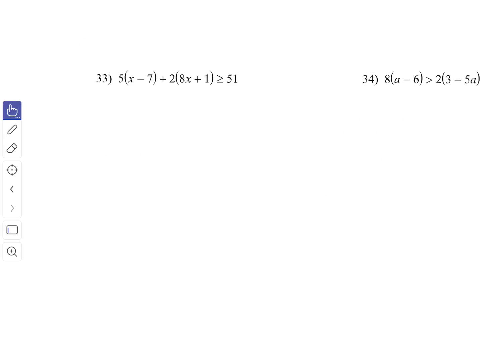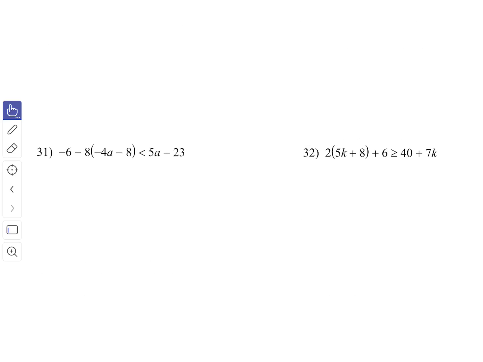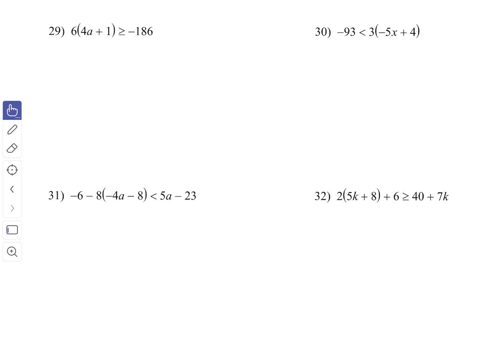Okay, so we've got these last few problems now, right? And we just have more complexity, but we still treat them exactly the same. So I start off by multiplication here with distribution. So 6 times 4 gives me 24a. 6 times 1 is plus 6, greater than or equal to negative 186.